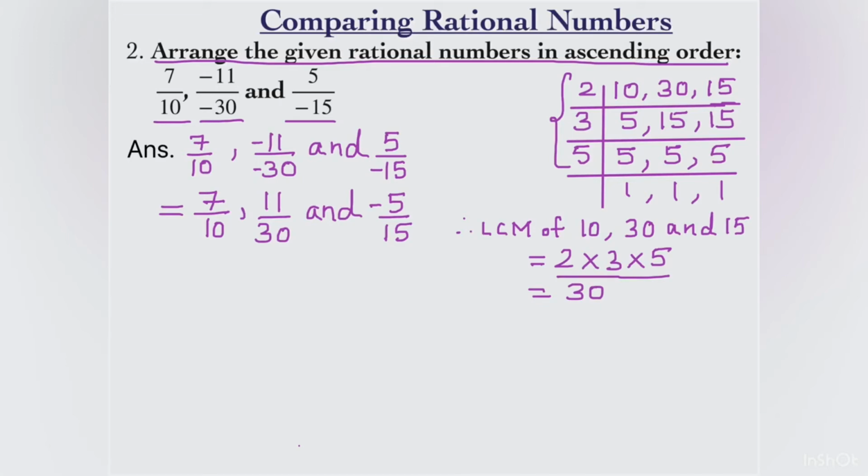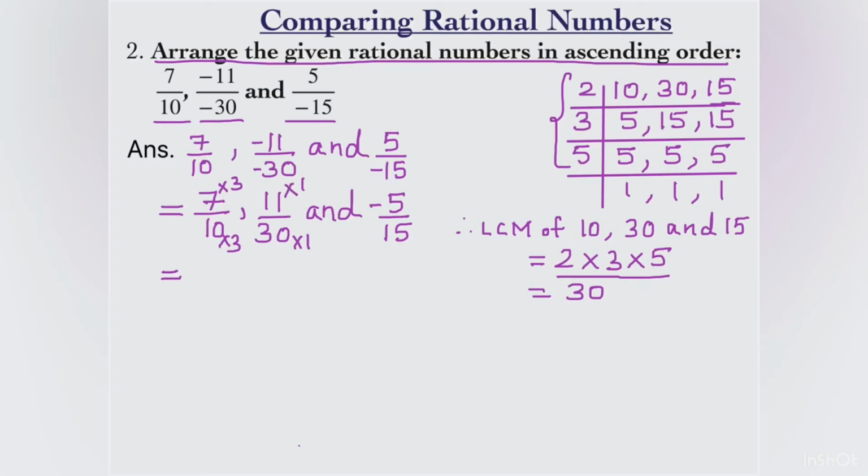Now, let's make all the denominators equal to 30. 10 we will multiply with 3. The same number we will multiply even with the numerator. In the second rational number, we have 30 in the denominator, so we will multiply with 1 and even the numerator with 1.